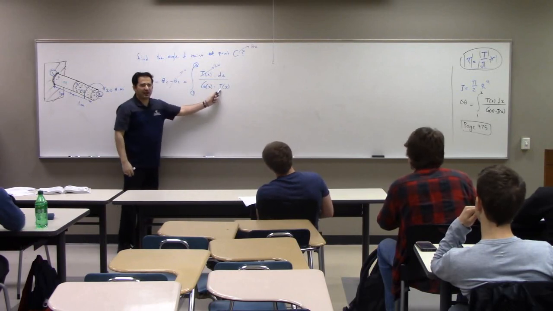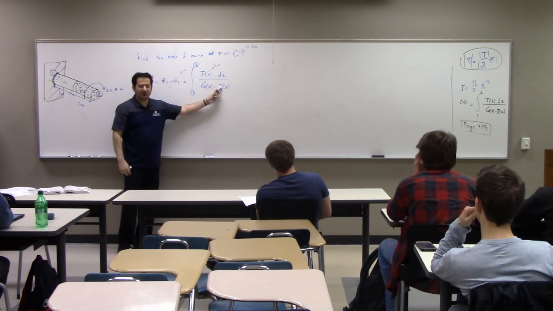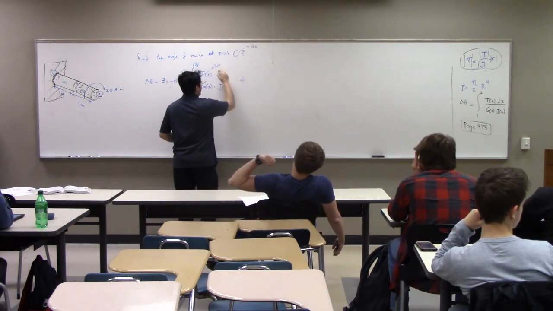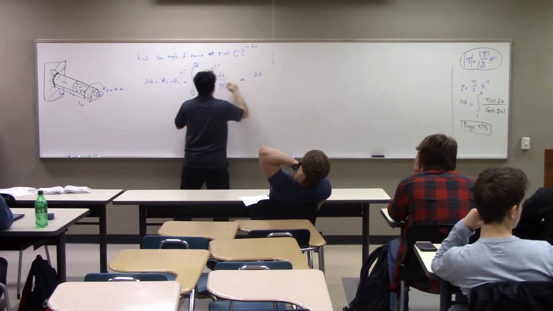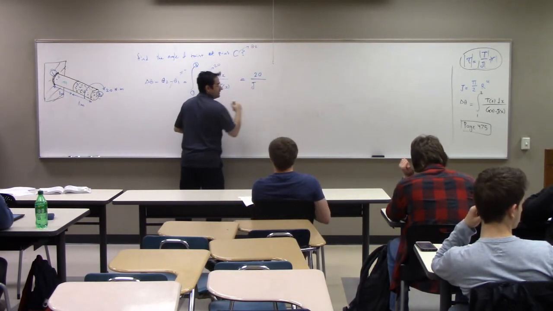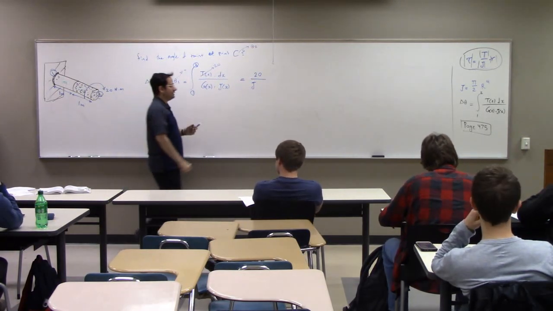What about J of x? Constant? So you can take it out. So write this as 20, take it out, divided by J. J is just constant. So what is J?